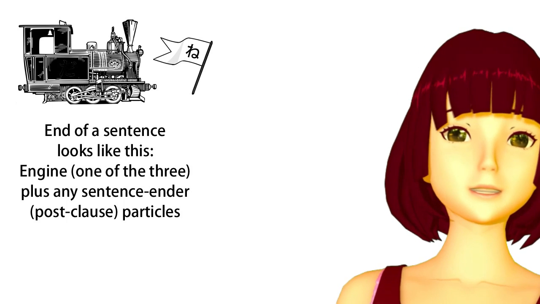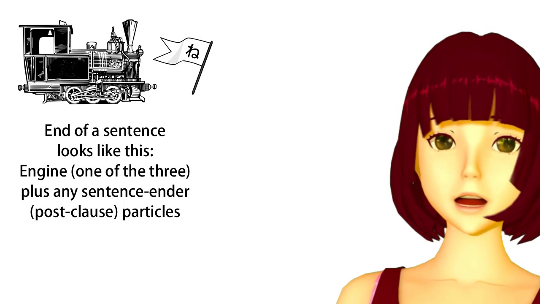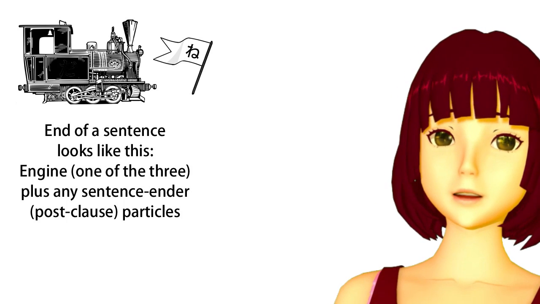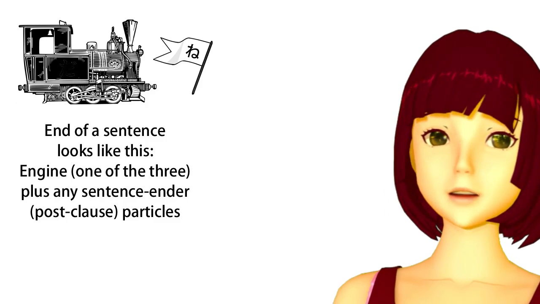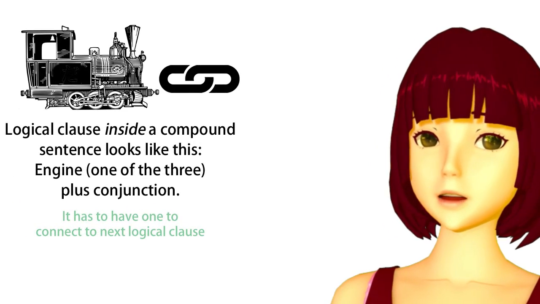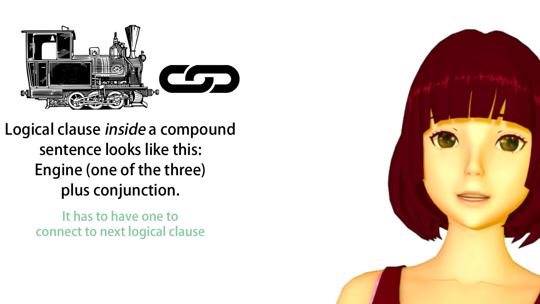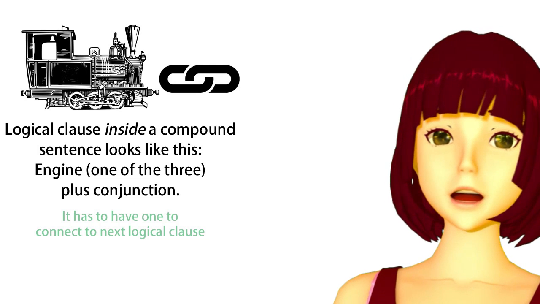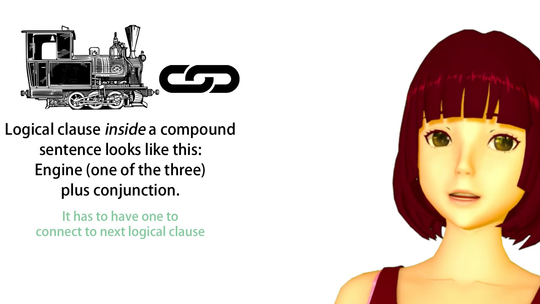The more difficult question, but it's not really all that difficult, but the question that can cause problems, is the question of how do we find or how do we eliminate the possibility of a compound sentence? How do we know there are no other logical clauses in the sentence, or if there are, how do we find them? And the answer to that is, again, very simple and straightforward.